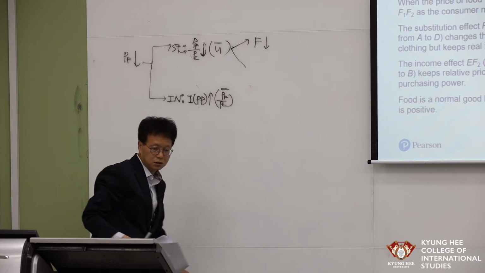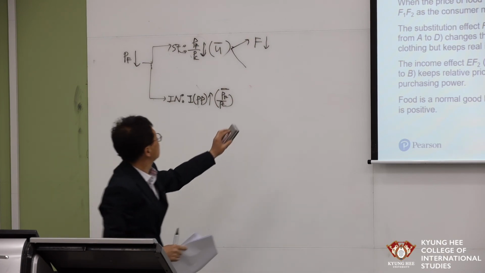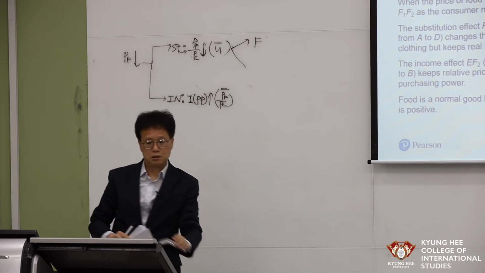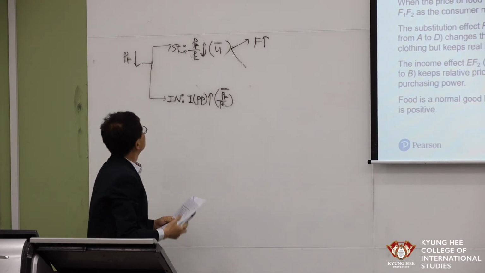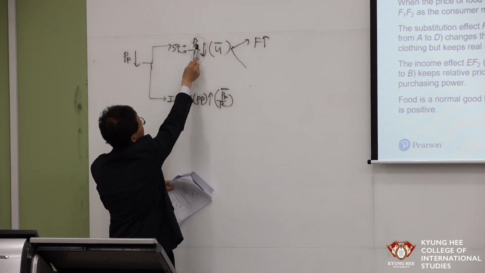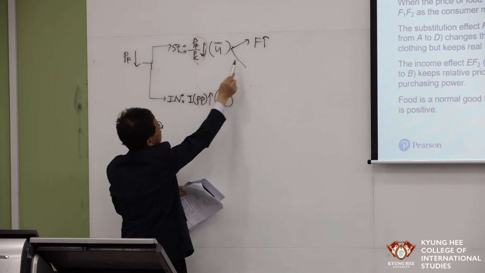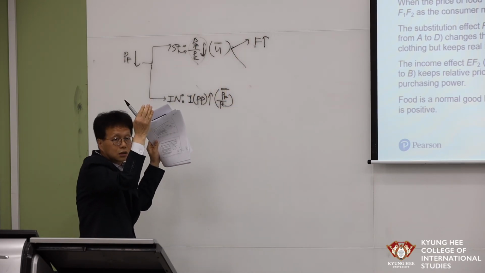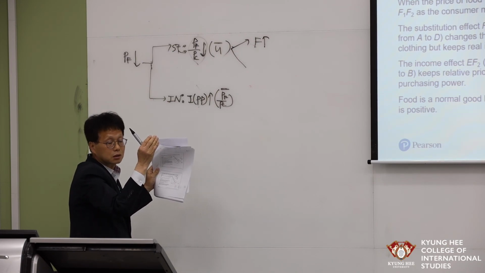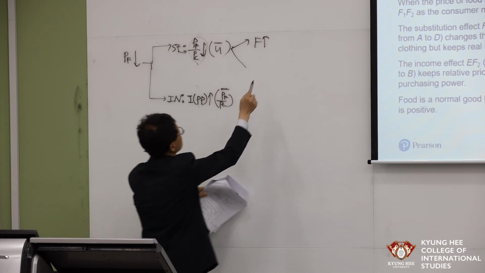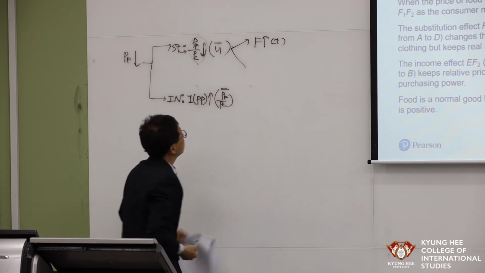I'm sorry, consumption or demand for food increases, right? When this happens, price of food relatively decreases, then demand for food increases. Substitution effect, positive, right? So the substitution effect for food is positive.